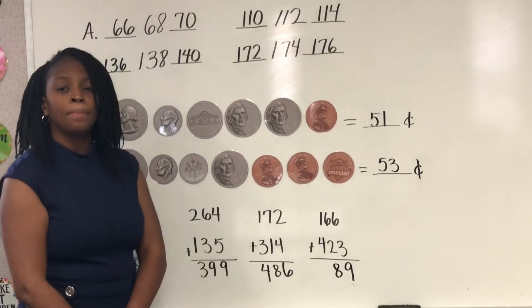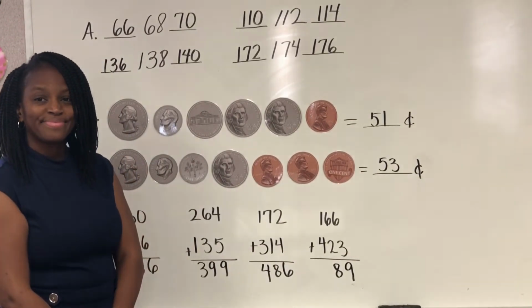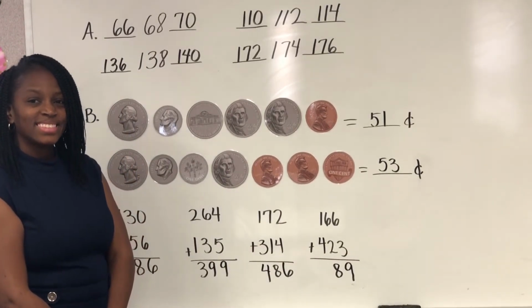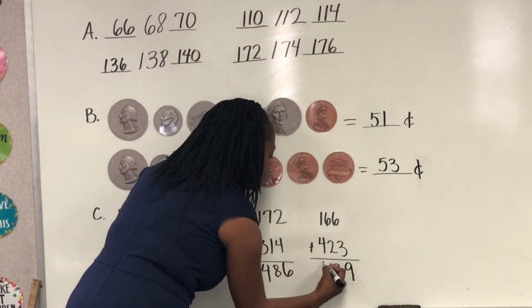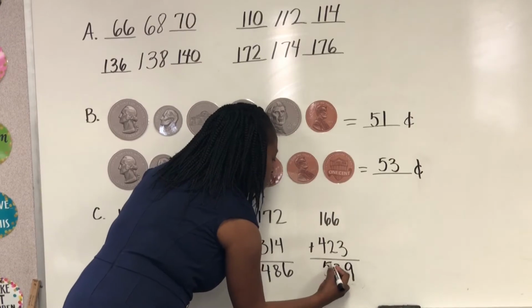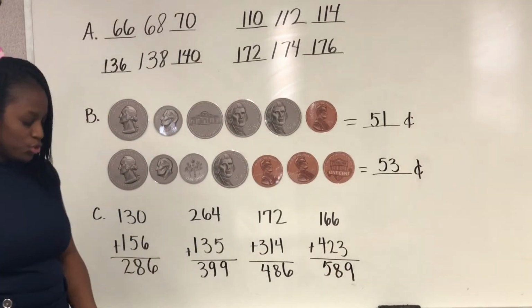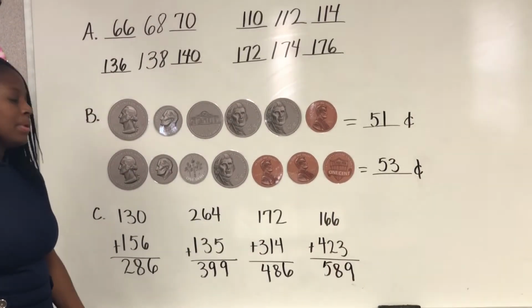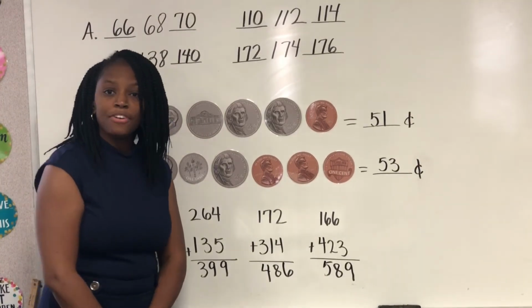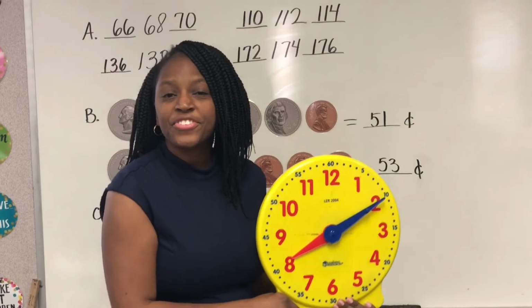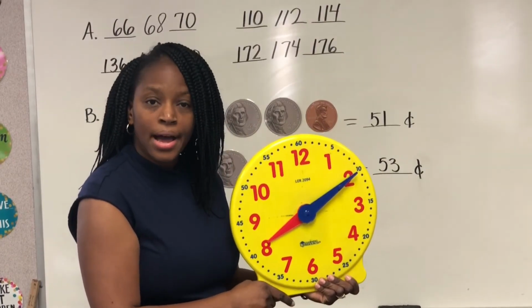And what is 1 plus 4? 1 plus 4 equals 5. So therefore, 166 plus 423 equals 589. All right, boys and girls, let's get ready to tell some time.